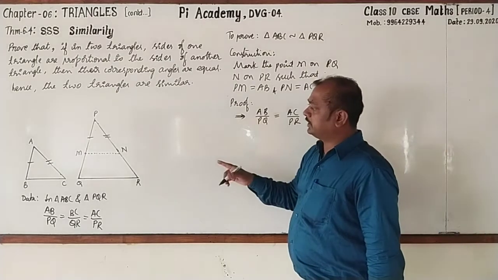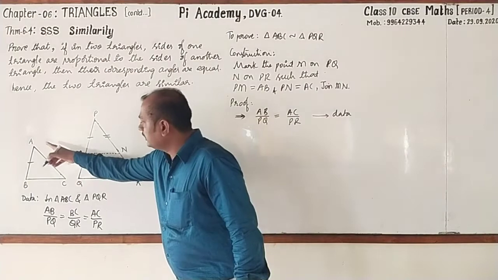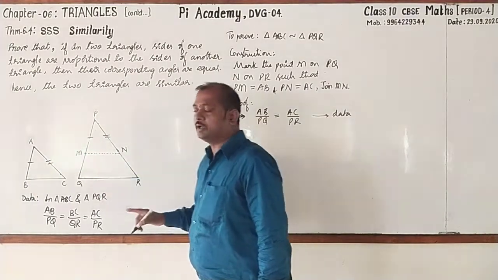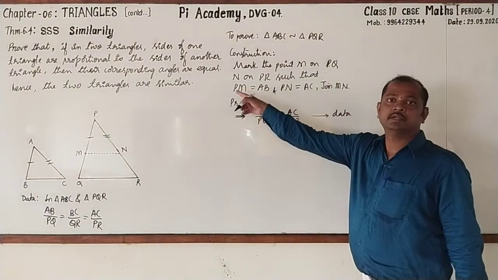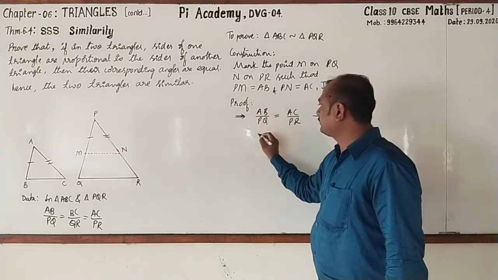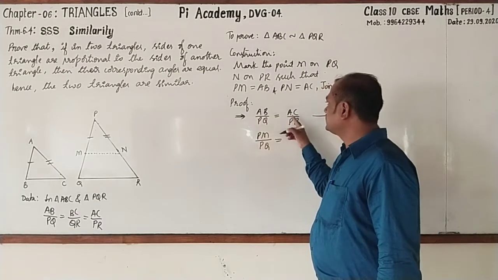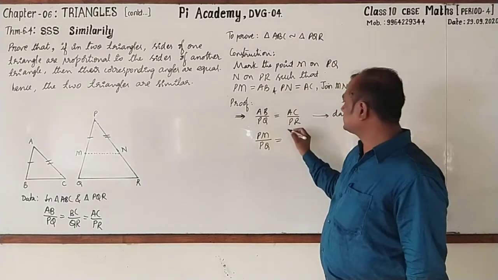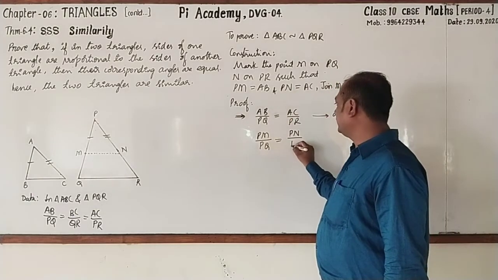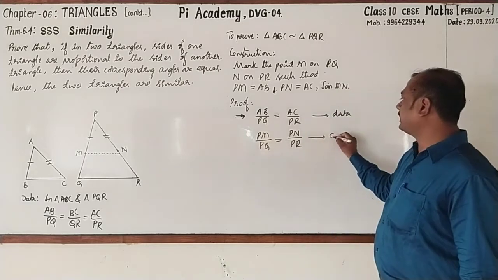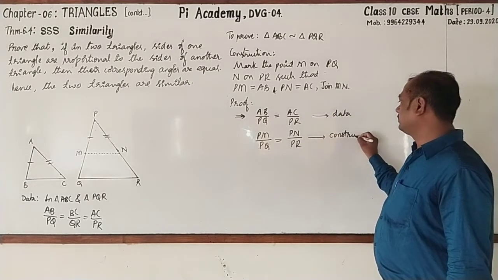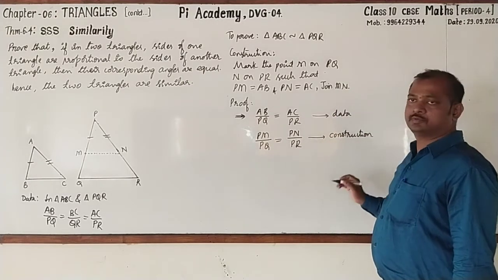And you can observe that AB is nothing but PM. Reason? It is from construction. In place of AB, I will write PM by PQ is equal to AC. AC is nothing but PN by PR. It is from construction. Hope that you have understood.